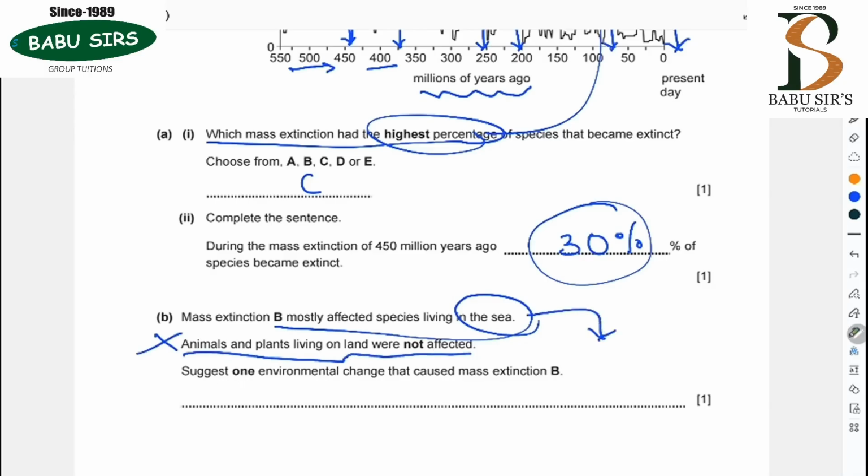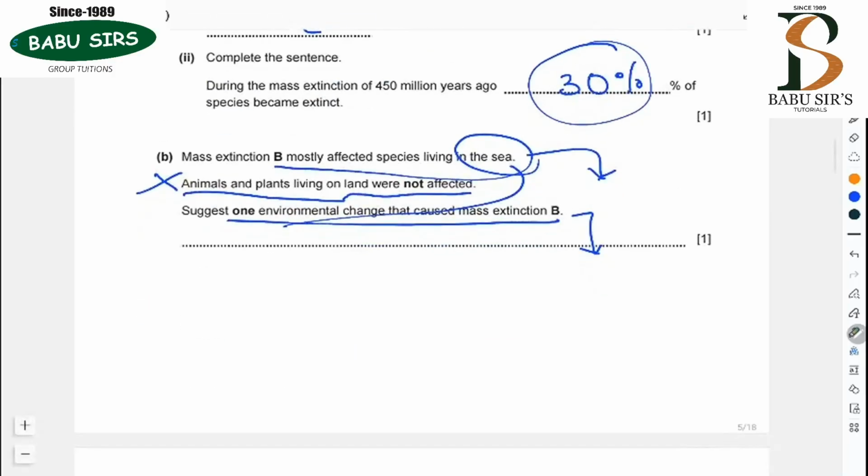Now what happened in the sea? One environment change in the sea caused the extinction.